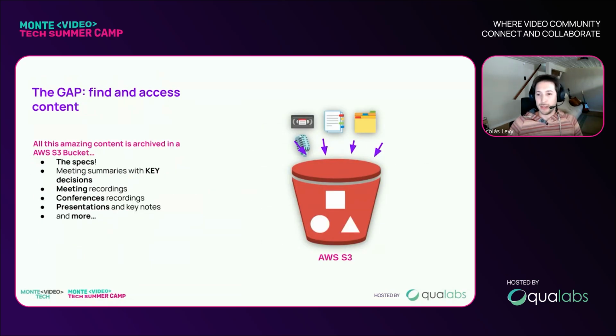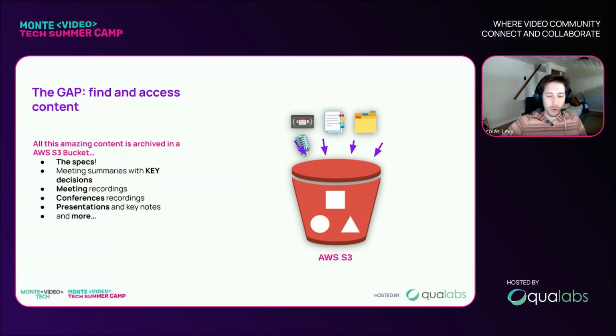But the main gap and issue, as I understood, is how, with all that history, we can navigate that information. Right now, all of it is in a bucket that SMPTE has.